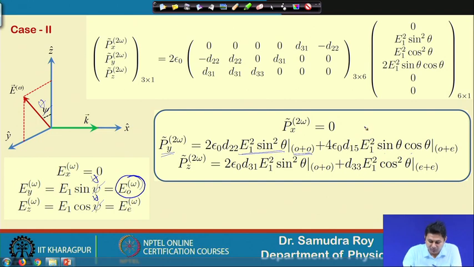So, that means here we eventually have one ordinary component of field and one extraordinary component of field. So, ordinary plus extraordinary component can generate polarization along y direction, and in P z also 2 ordinary waves are generating, and as a result I am getting some kind of P z. Here also in a similar way 2 extraordinary waves are combined to generate the P z term.